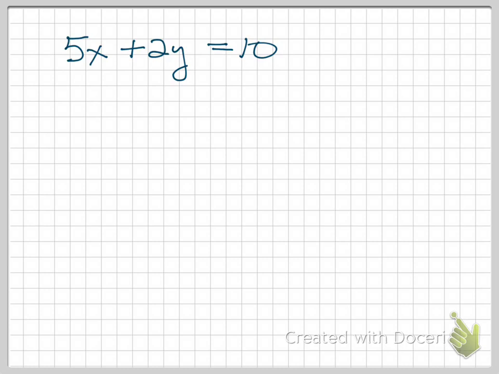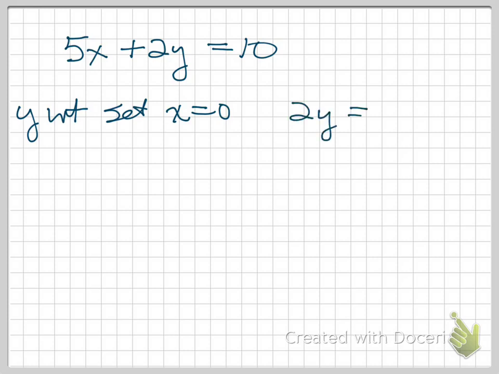If I want to figure out the y-intercept, I set x equal to 0 and solve. That gives me 5 times 0 is 0, plus 2y equals 10, y equals 5. Okay, now get the x-intercept.